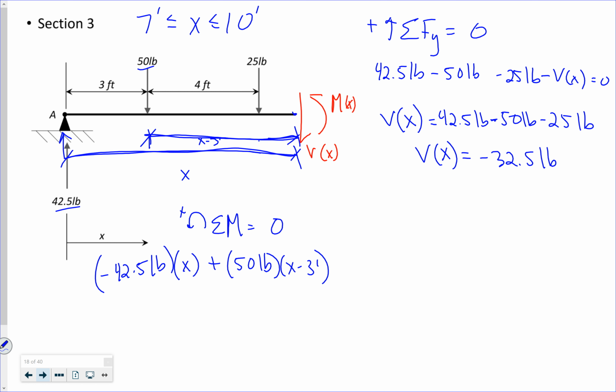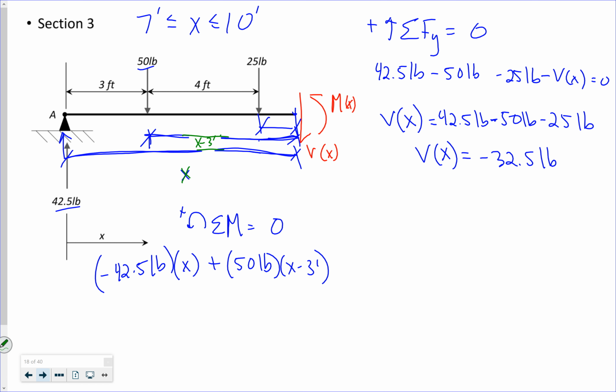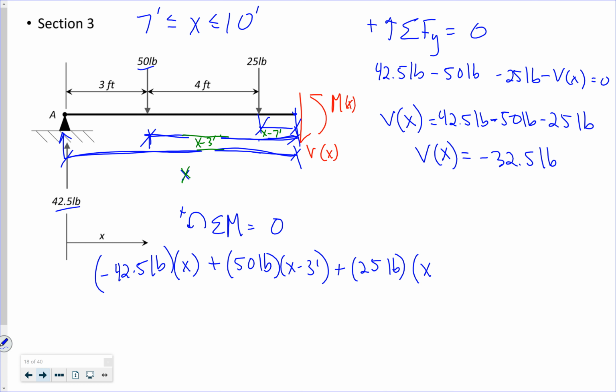And then my 25 pounds, this is x minus 3 feet, this is x, this is x minus 7 feet. So I've got my 25 pounds right down, so it's counterclockwise, x minus 7 feet, and then my moment, which is also positive.